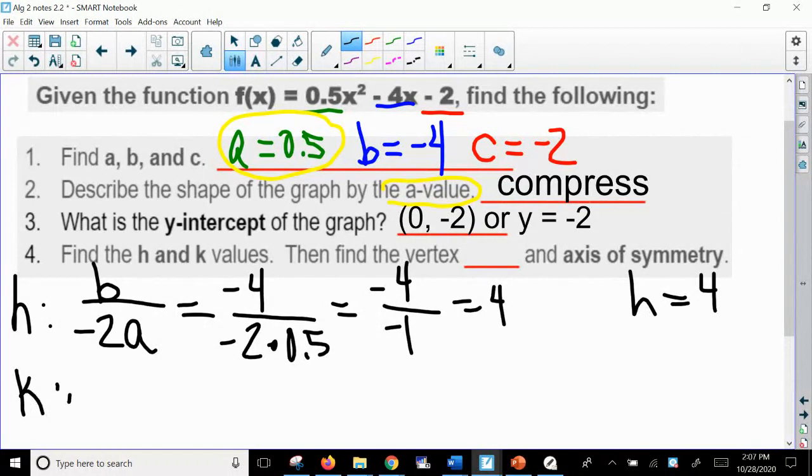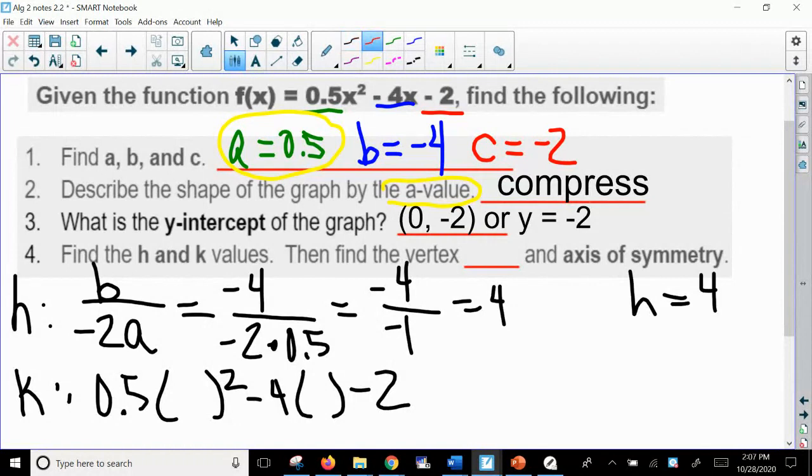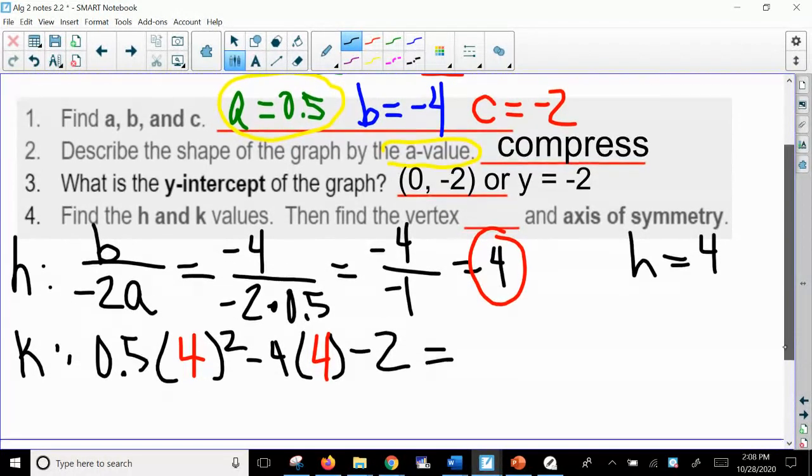Our K, we take our equation, 0.5x squared minus 4x minus 2. We plug in the H for the x, and we do the math. And I'm being lazy right now, so I'm getting ready to put it in my calculator because I just don't feel like doing mental math. So 4 squared is 16. I could do it in my head. 4 squared is 16. 16 times 0.5 is 8.